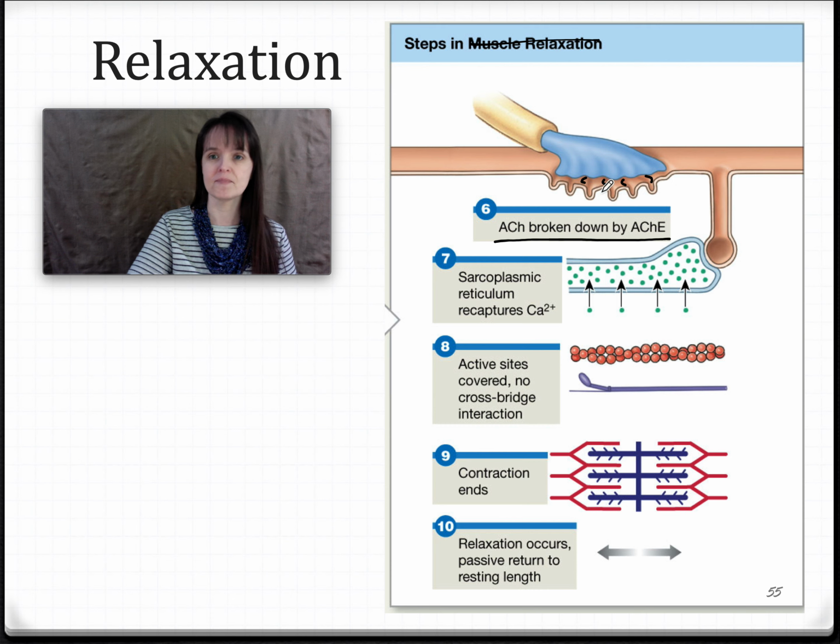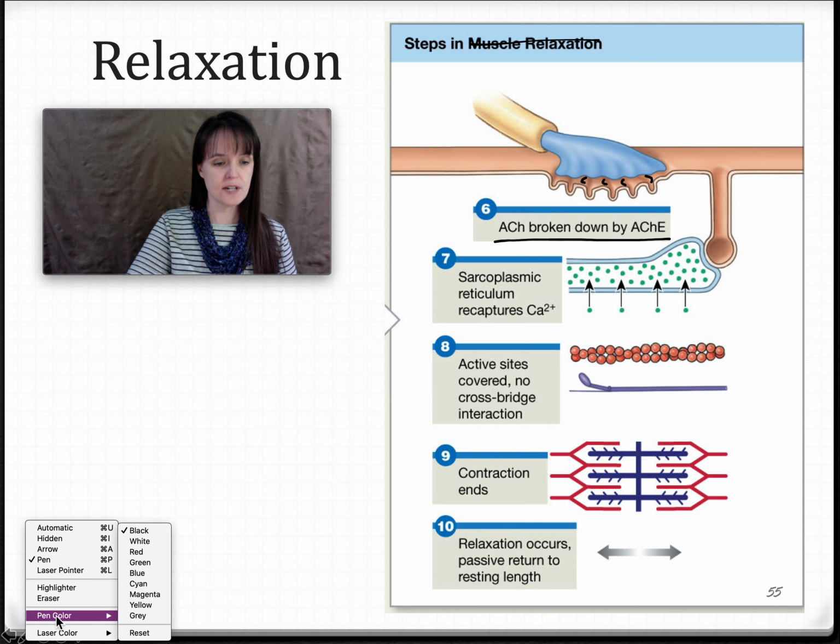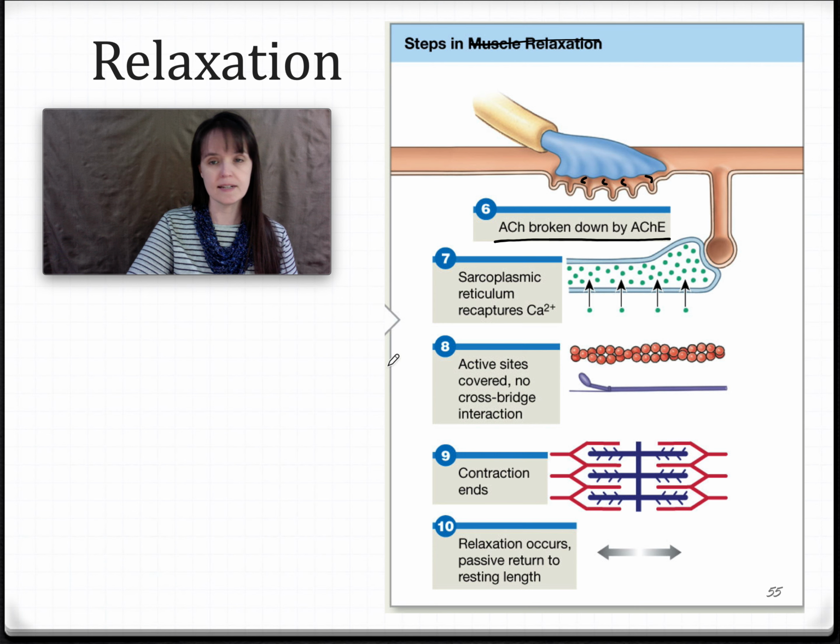Okay, great. And then after you stop getting the message to contract, you stop releasing the acetylcholine, and then the acetylcholinesterase eats all of the leftover acetylcholine. And then 7, there are pumps, calcium ion pumps.